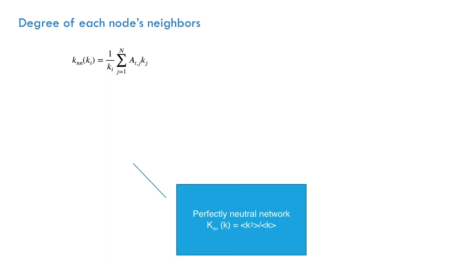The average degree value of some node i's neighbors is going to be calculated using this knn of ki expression. Here we're just averaging out for every single neighbor that ki has: if there is an actual link, we are multiplying that 1 by the degree value of that neighbor, and then we're just averaging it out by the total number of neighbors. That's really all we're doing with this knn expression.